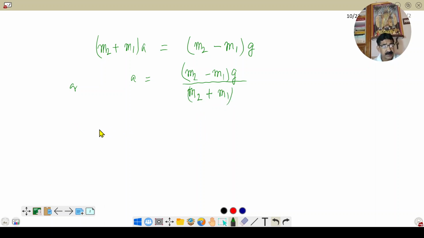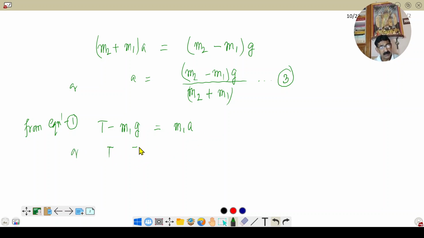This is equation number 3. Now the first equation was T minus m1g is equal to m1a, or from equation number 1, T is equal to m1a plus m1g.